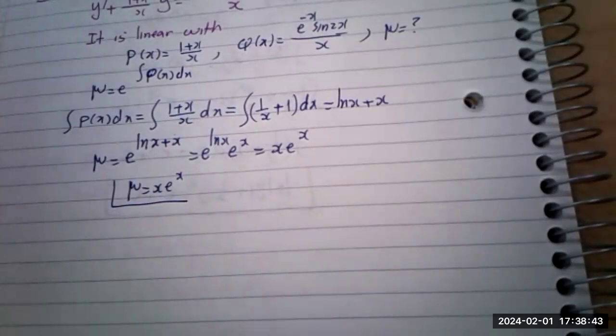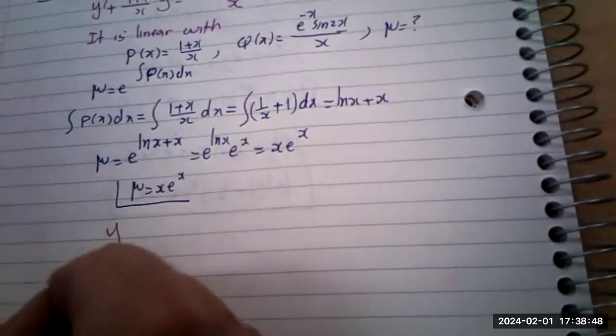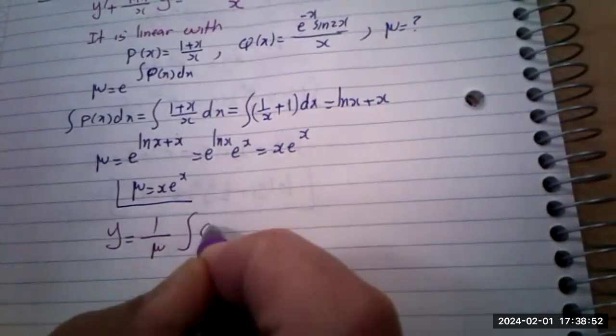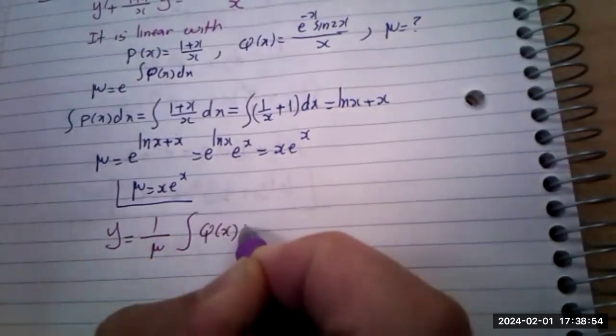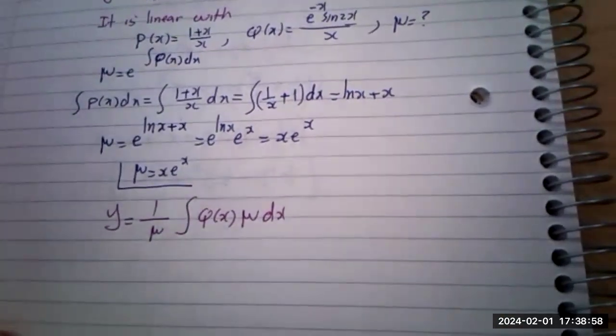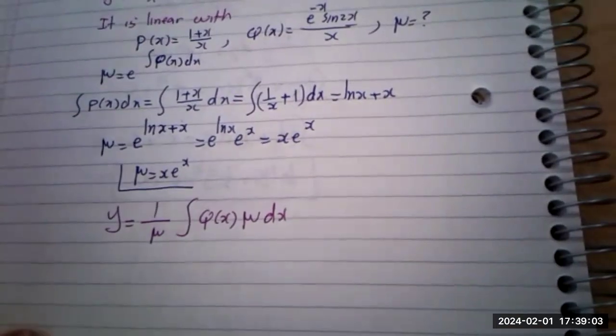Now we go with the procedure of finding the solution of a linear equation. Remember the formula: y equals 1 over mu times the integral of q of x times mu dx. Substitute and simplify.